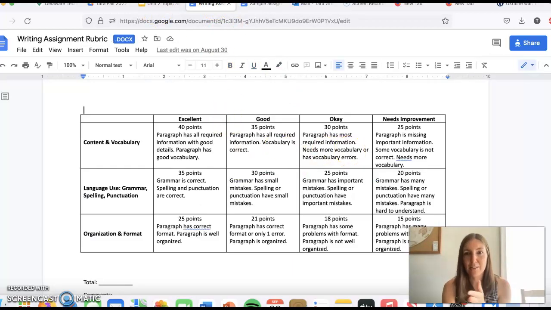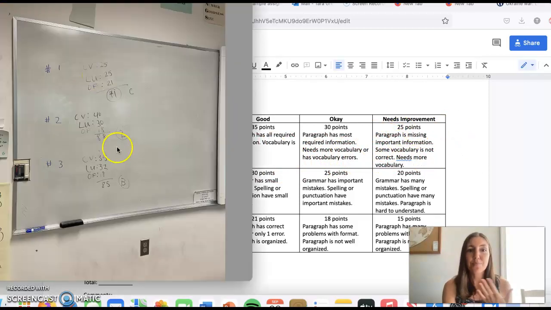So we showed that the content was not that good, and we can put it under needs improvement. For the language use, the grammar and everything, they were also able to find some of the problems with capital letters. But then we saw that the organization was okay. It had a topic sentence and a concluding sentence. So we went through each paragraph and gave the grade at the end.